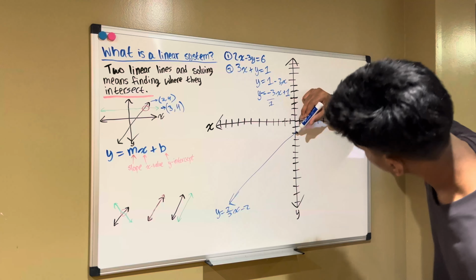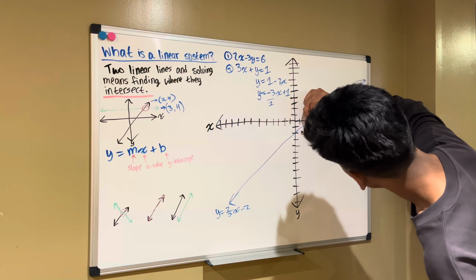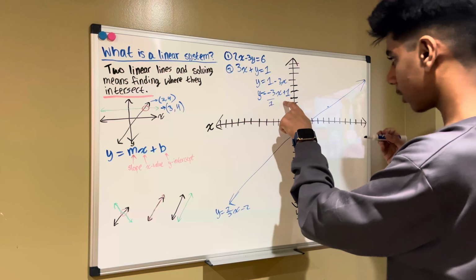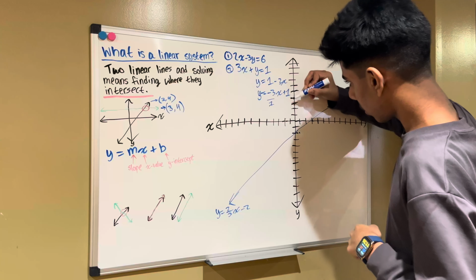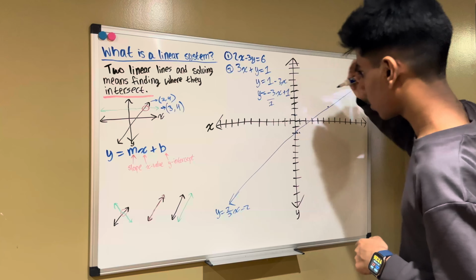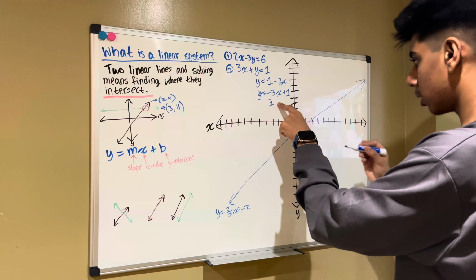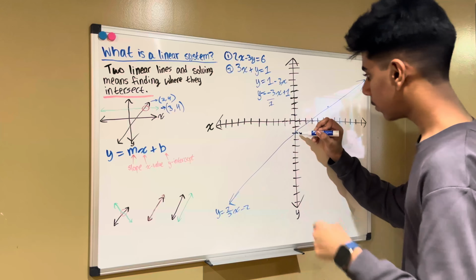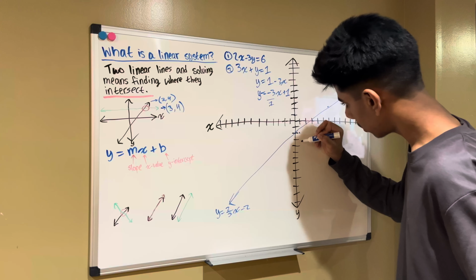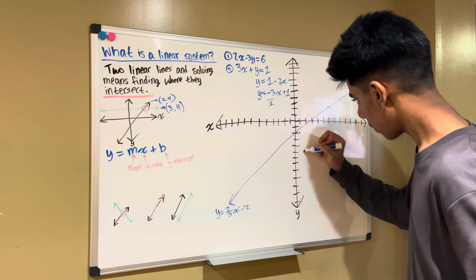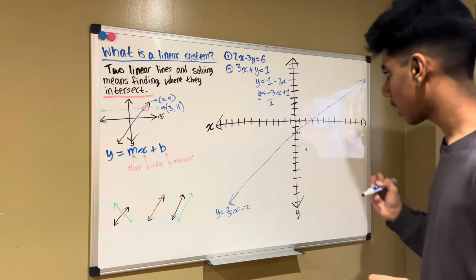And then runs by 1. 1 right here. Okay. Alright, I forgot to plot the y-intercept. 1. Okay. Now we want to do it again. -3, 1, 2, 3, because it goes down, and then run by 1. Boom. 1. Just like that.